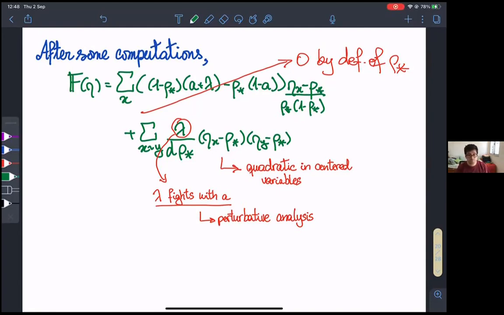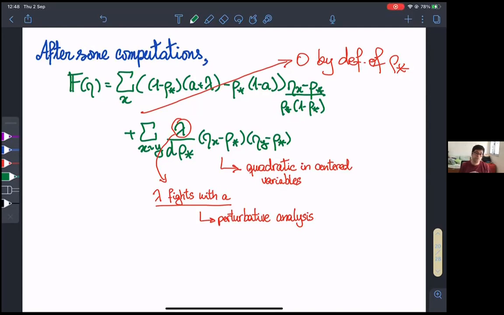But actually, this is true for any reference measure, but since we are taking rho star as the density of the product measure, there is an extra cancellation. So the first order term is also equal to 0.